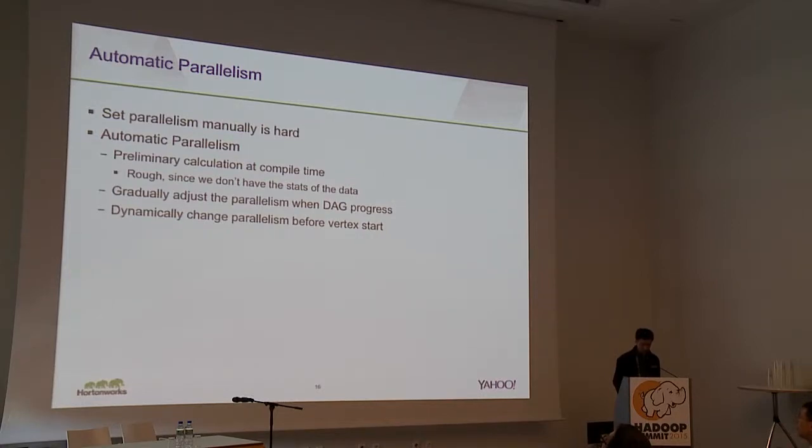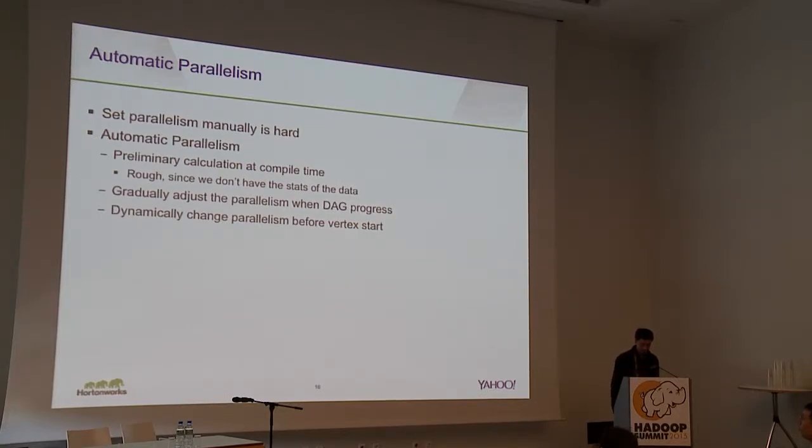So there are multiple layers of parallelism adjustment in Pig. At compile time, we estimate the parallelism of each vertex based on the DAG input and the data pipeline inside every vertex. And this is very rough, however. Unlike Hive, which is able to collect data stats and save them into the metastore, Pig doesn't have the stats of the input data.